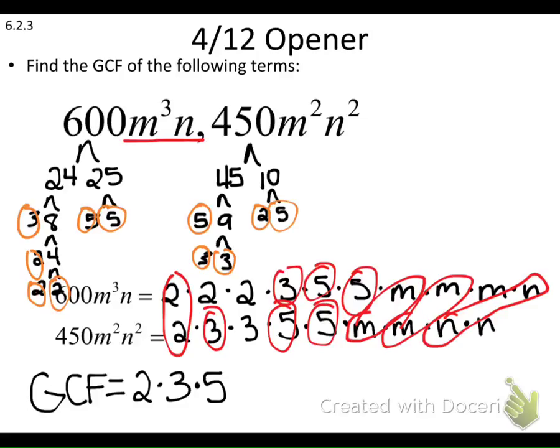If it has 2 pairs, then we're going to write all those 5s. So we have 2, 3, 5, and then we have another 5 in common, so we have to write that one too. 5. We have 2 M's in common, and then we have an N in common.